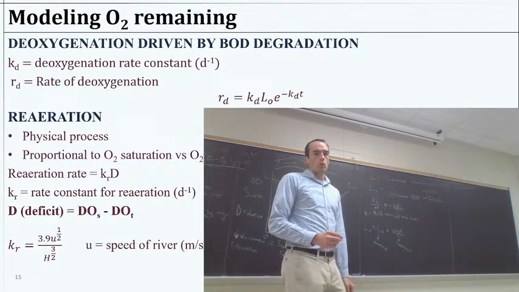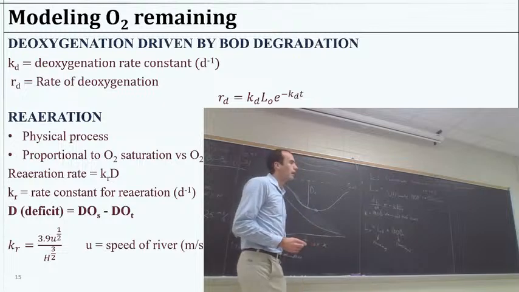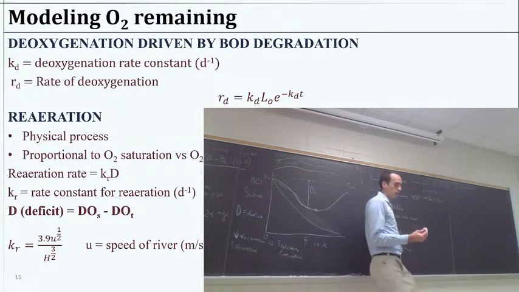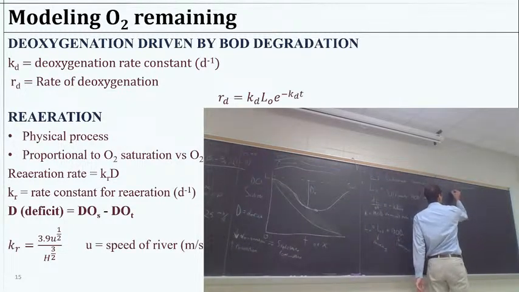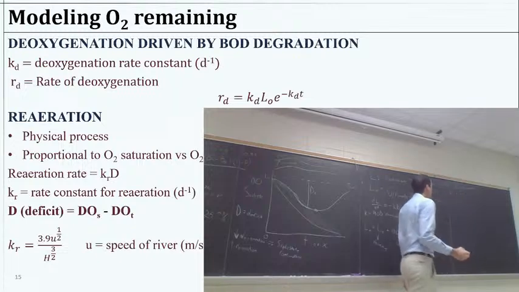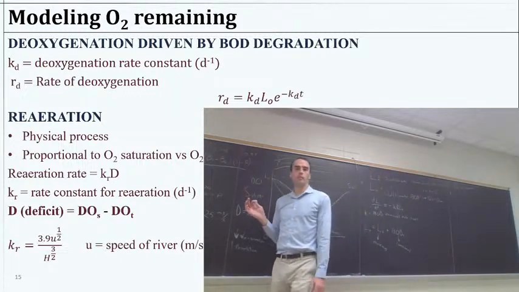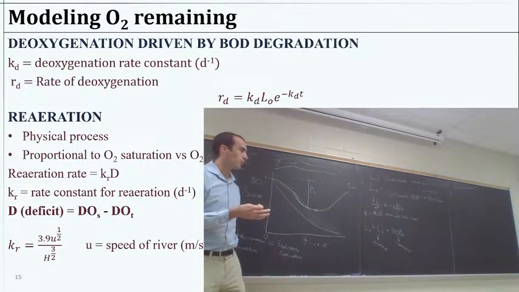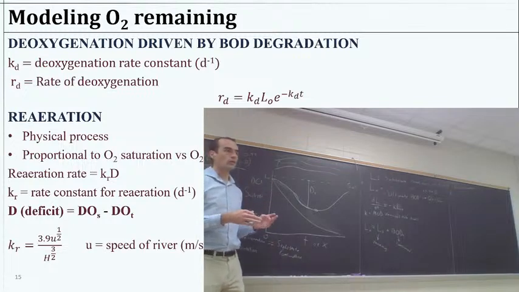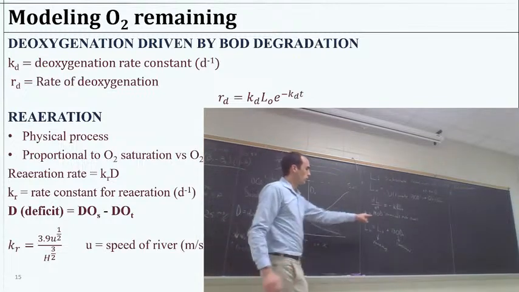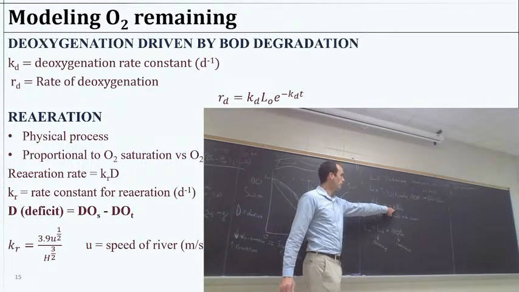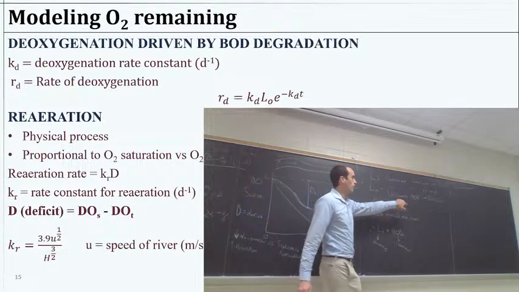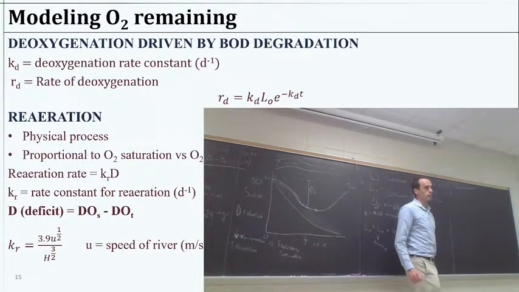And so we could define some sort of deoxygenation rate constant, K lowercase d. These are all in the notes, so you will find the formulas that I'm about to put up and their definitions. But just wanted to let you know there's a K with no subscript here for the BOD removal, and we have a K with a d as a subscript for the deoxygenation.